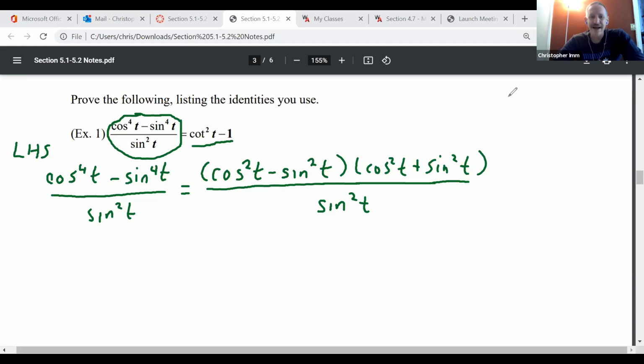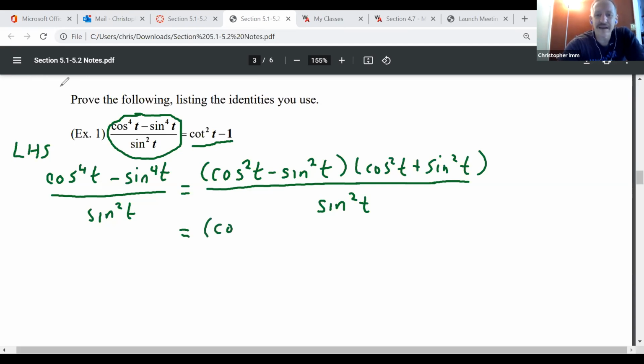Okay. So now, are there any trigonometric identities we can use on the numerator, Michaela? The cosine squared t plus sine squared t would equal 1. Exactly. Great. So we can use that Pythagorean identity to turn that second factor into 1.